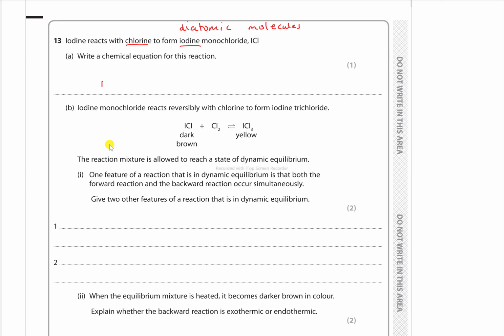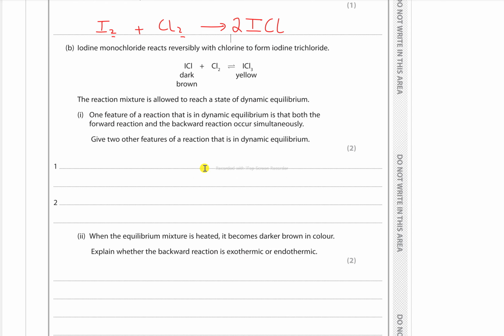So iodine is a pair plus chlorine, which is a pair, and it gives iodine monochloride. There's one of each. Mono just means one. And if you look, we've got two here, so we stick a big 2 there, and that's balanced it out. Right, we're not worried about that.